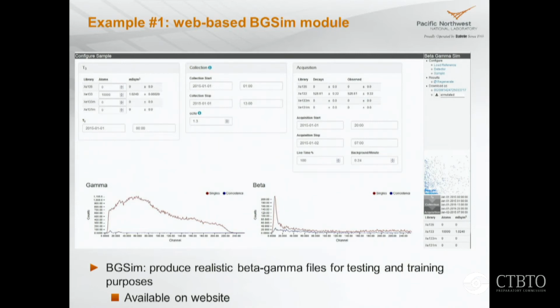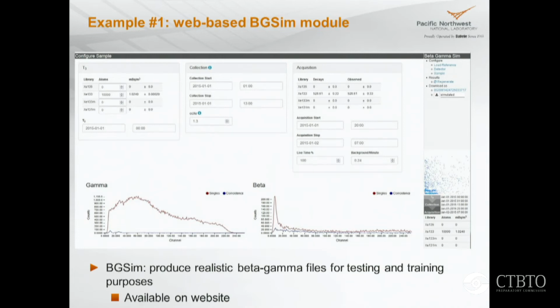And so this one is live as well. The link to it is back on the website. What it does is basically allow you to put in the number of atoms, change some various parameters, and generate your own beta gamma spectrum. What I like about this in particular is that you can do things that are unphysical. As a test, you create something like a pure Xenon 133m spike.